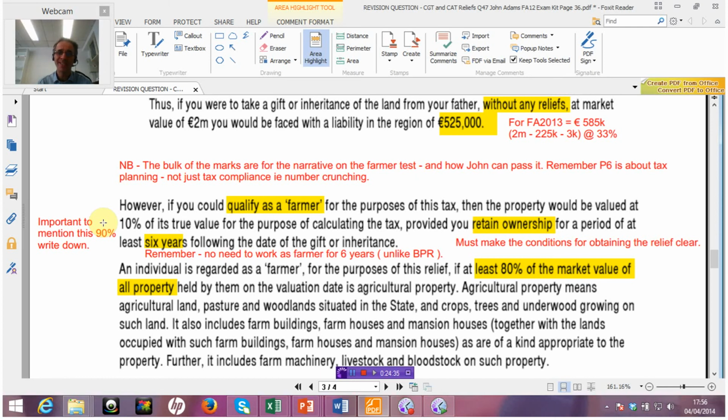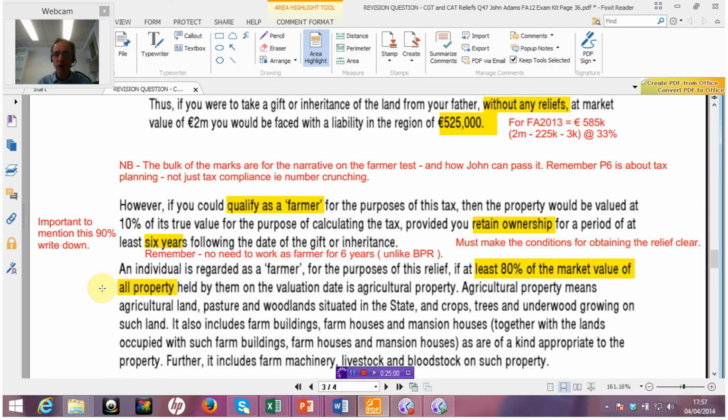So it's a very, very significant relief for this individual potentially. They have mentioned as well this ownership issue. You recall the mnemonics on these slides that we use in class in relation to these areas. So we've got a retention period of 6 years. Okay, and they're making the conditions as they go down the page very, very clear.